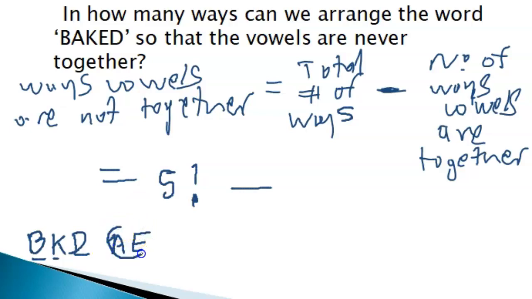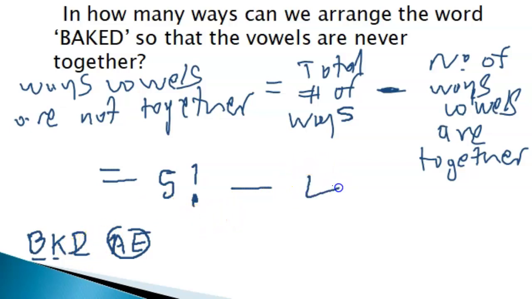So we can view it as 4 characters. B is a separate character, K second, D third character, and AE, let's view it as 1 character. So we have 4 groups there.